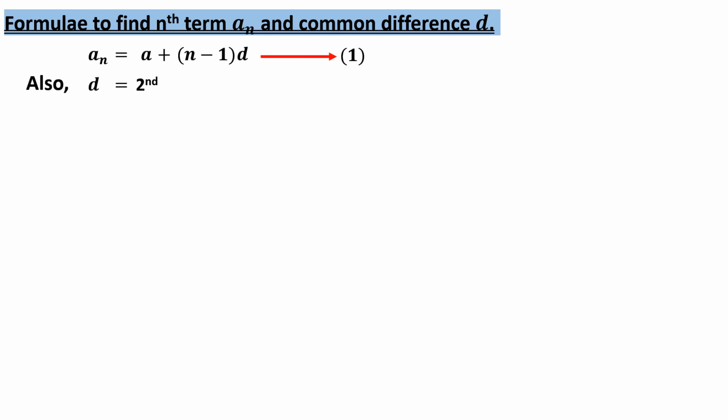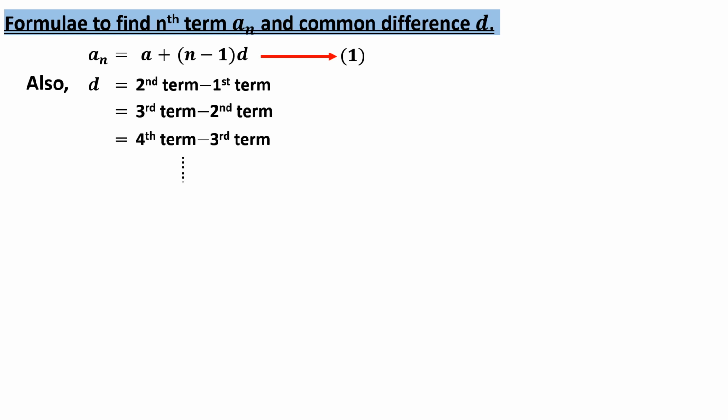Also, d equals second term minus first term, which equals, we have already seen this, third term minus second term, fourth term minus third term, and so on. Nth term minus n minus 1th term, n plus 1th term minus nth term.